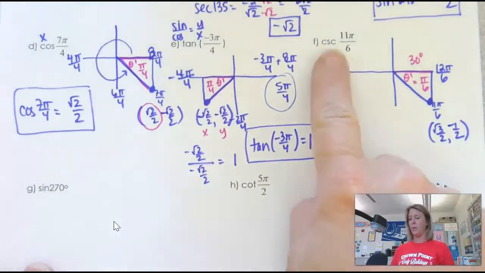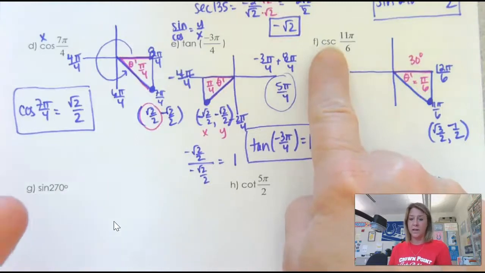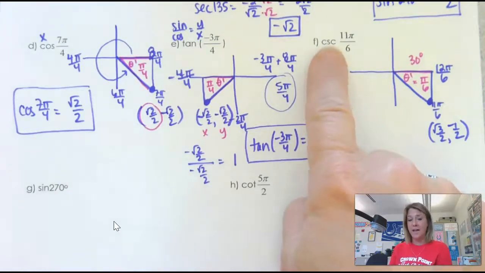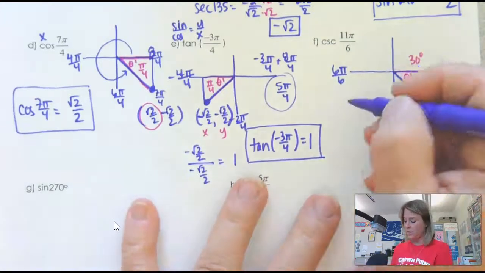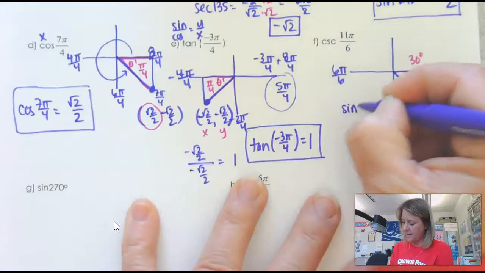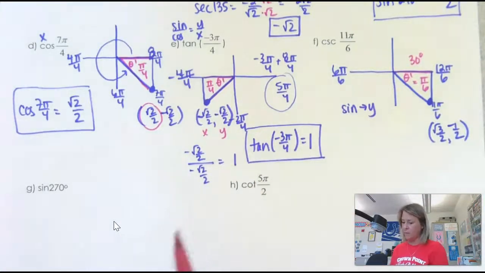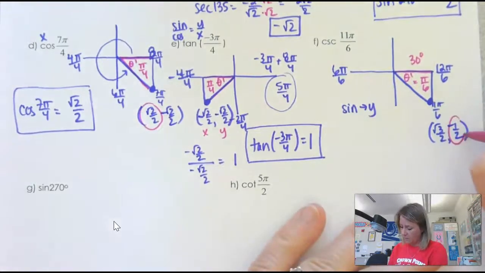Now I just need to figure out what cosecant means. If I flip the C and the C, it's still C and C, so it's not the cosine one. So that means this is going to have to be the sine reciprocal. So what I'm actually going to do is sine first. Sine stands for the Y value, so I definitely want to look at the Y value. Here's my Y value.